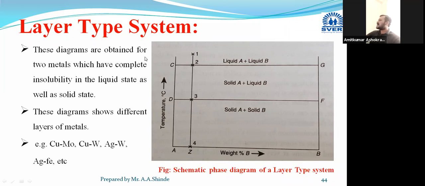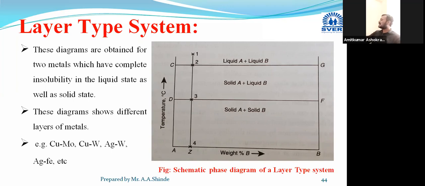These layer type systems are obtained when two metals are completely insoluble in the liquid state as well as in the solid state. An isomorphous system is there when two metals are completely soluble in each other in the liquid state as well as in the solid state, and the layer type system is the exact reverse.